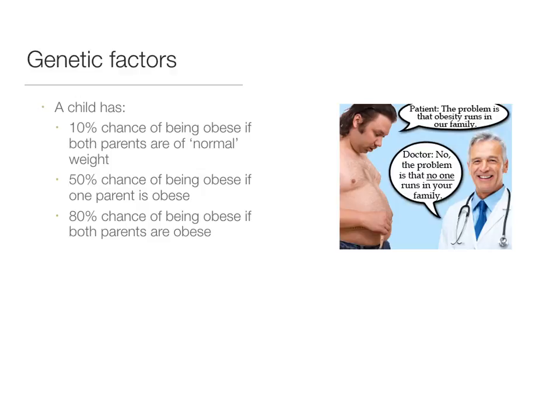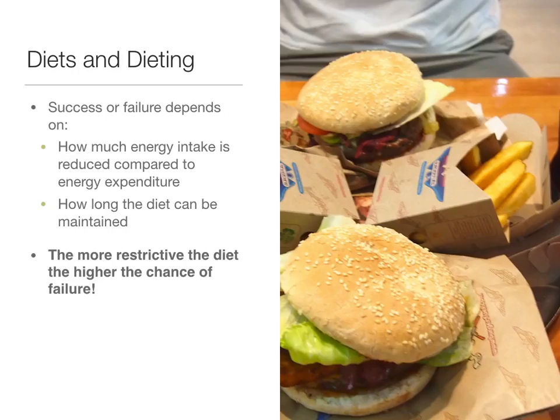So what strategies are there for addressing obesity? The diet industry is huge, with many different diets being offered at different times over the course of history. The success or failure of any diet depends on how much energy intake is reduced compared to energy expenditure and how long the diet can actually be maintained for. In general, the more restrictive the diet, the higher the chance of failure.